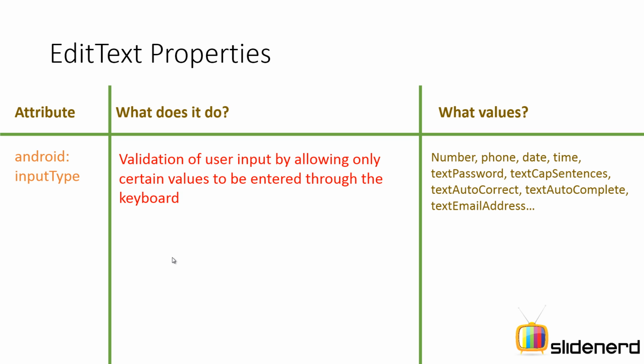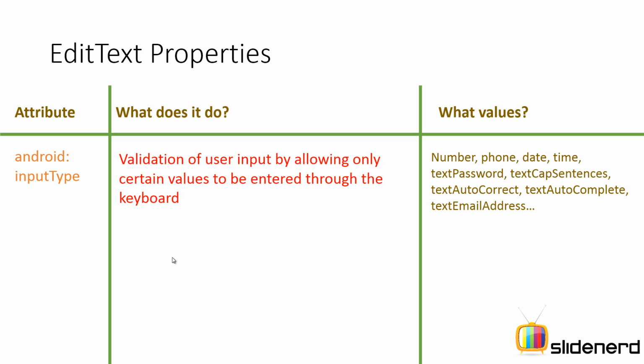Now this is the most important attribute that we are going to discuss here. It's called Android input type. Now this allows you to perform validation by restricting what the user can enter. For example, let's say you ask the user, hey, enter your age, and he has to say something like 23 or 29. But what if he goes and types ABC? The best idea is to actually avoid the user from entering the keys A, B and C themselves, and this can be achieved by controlling the keypad.